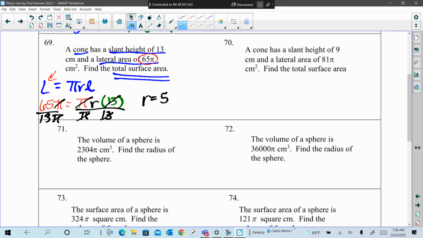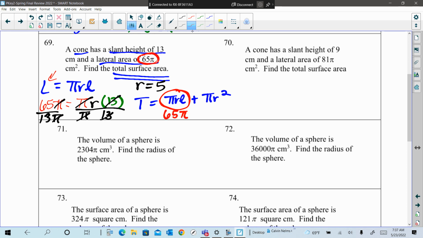Now that I know r equals 5, to find the total surface area of a cone, it is pi RL plus pi radius squared. But we already know this part. That was the lateral, which is that 65 pi.